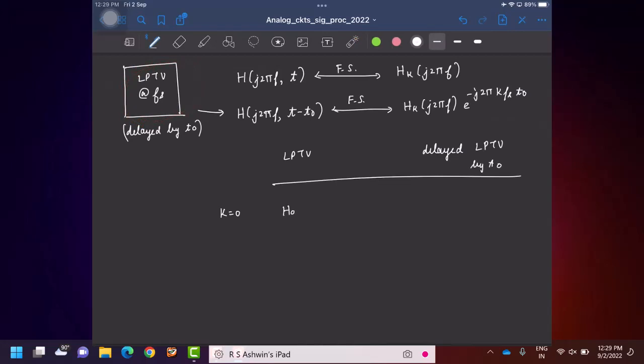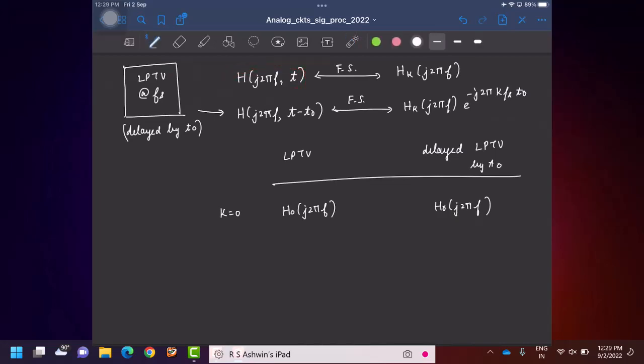Simply h0 of j 2 pi f. For the delayed network, it is the same. Okay. So this makes sense because the zeroth harmonic transfer function is basically the DC or the average of the signal. If you delay the signal, the DC will not change.